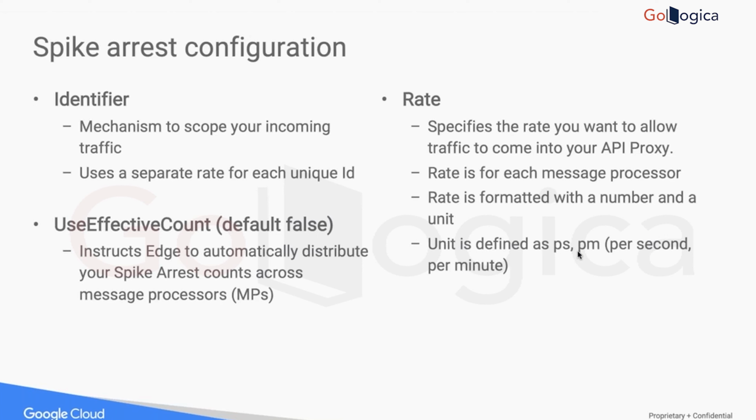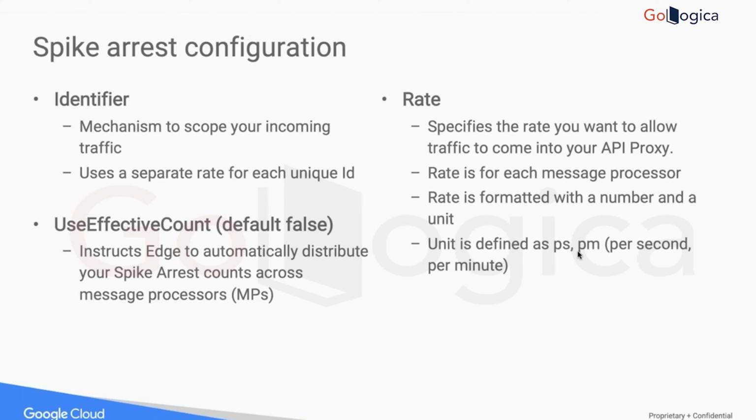So when you give one request per second, effectively it means one request per second per message processor. So if you have 5 MPs, it will allow 5 requests per second, one for each message processor, because it is done on a per message processor level.